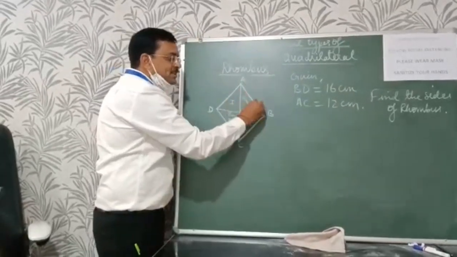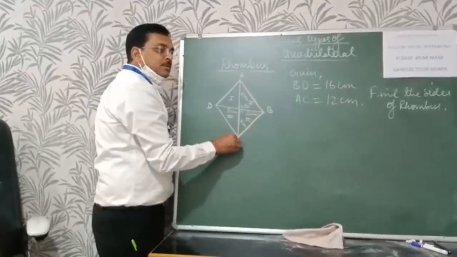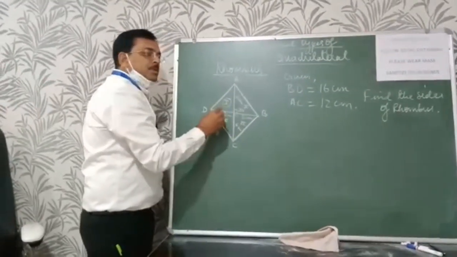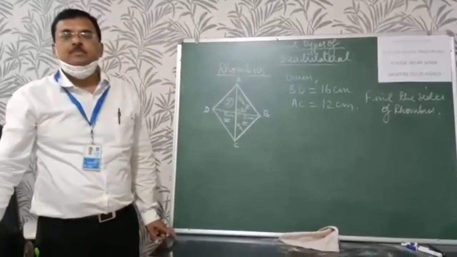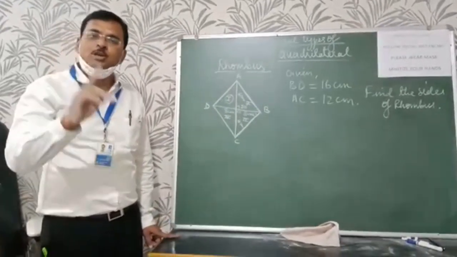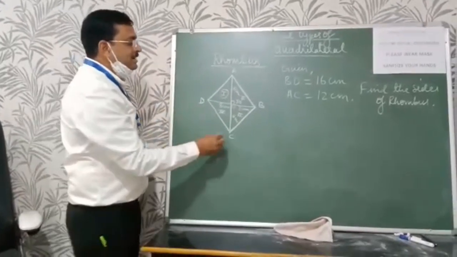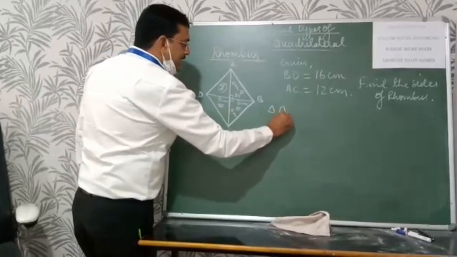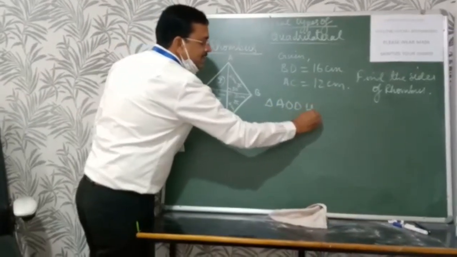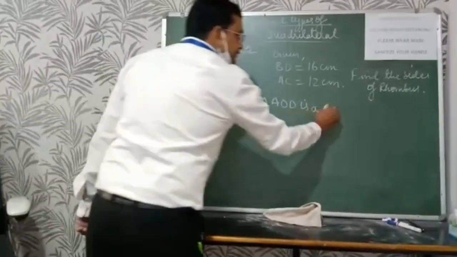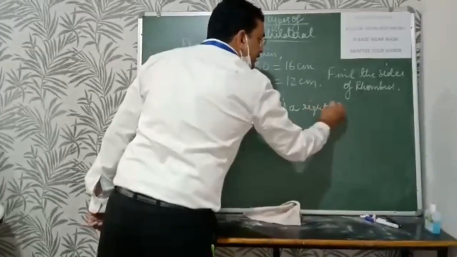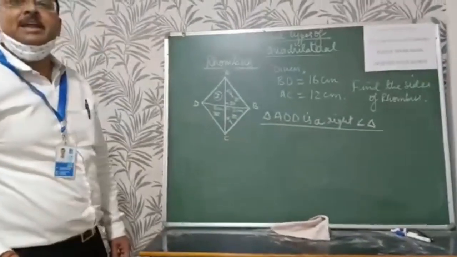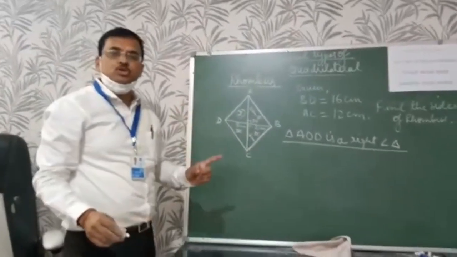Now to calculate the side of the rhombus, we can use any one of the triangles, and with the help of the Pythagoras theorem we can solve it. Suppose we take this first triangle. Triangle AOD is a right angle triangle. In a right angle triangle we use the Pythagoras theorem.